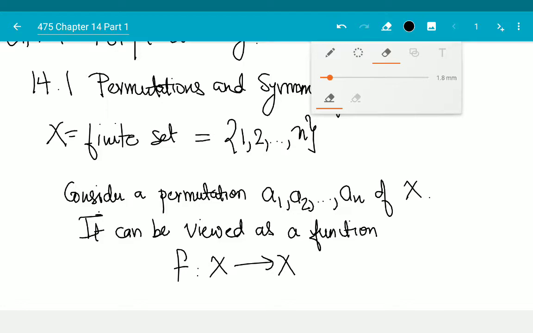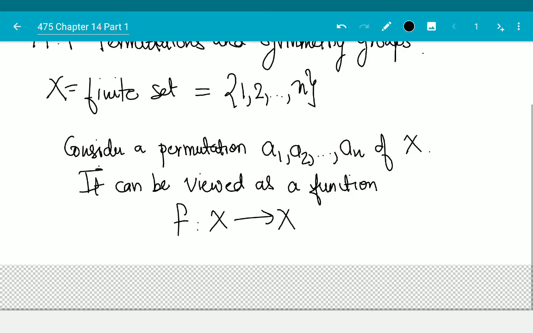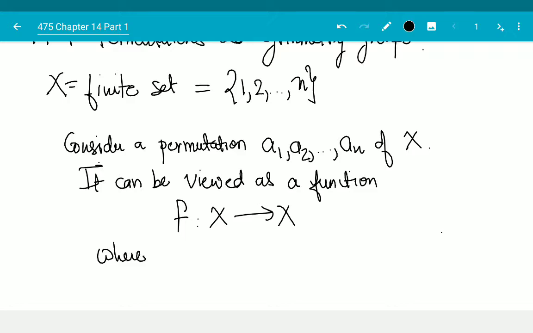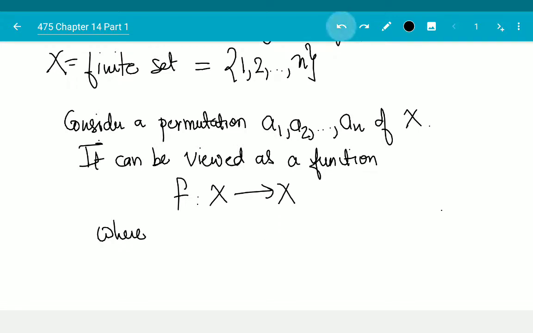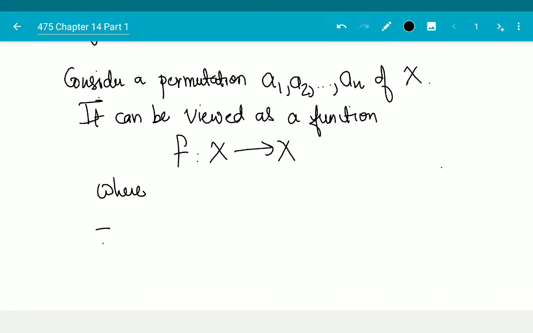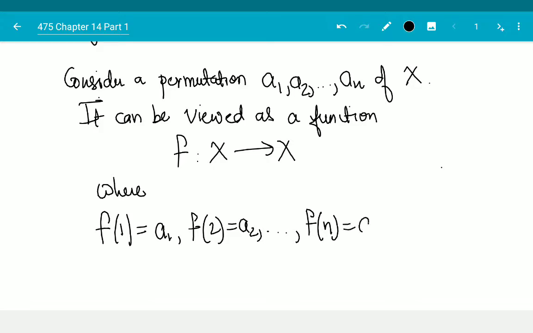Where f of 1 is equal to a1, f of 2 is equal to a2, dot dot dot, f of n is equal to an.